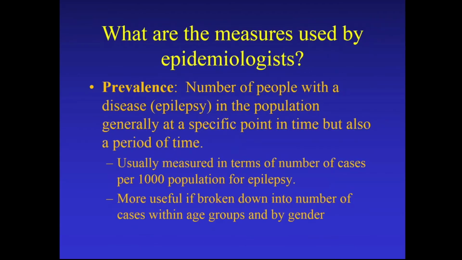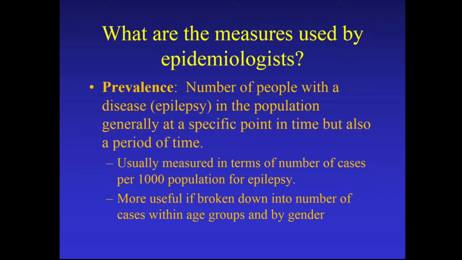The epidemiologist uses some measures that people frequently get confused, and I'm going to talk about that. I don't plan on talking about prevalence and incidence numbers. I want to talk about some concepts, though. Prevalence is the number of people with a disease, and in this situation, epilepsy, in the population at a specific point in time or period of time that have epilepsy.